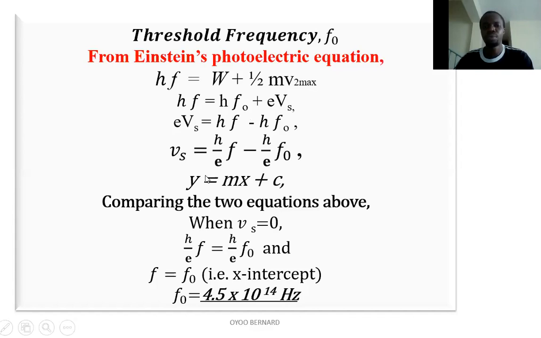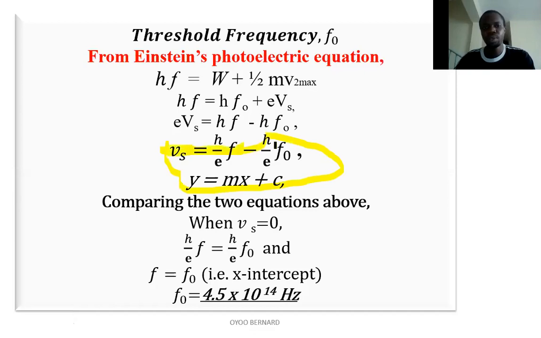Now, from the equation of a straight line, h over e is therefore the gradient, then negative h f naught over e, all that is c, the y-intercept, the point where the graph cuts the y-axis or the stopping potential axis. So we can compare these two equations.